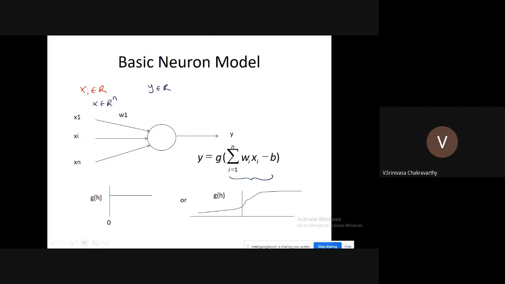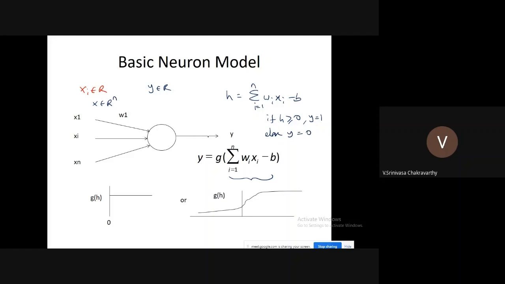Okay, so this quantity, call this H, is equal to sigma Wi xi minus B, where the sum goes from 1 to n. If H is positive, or maybe greater than or equal to 0, Y is 1, else Y is 0.